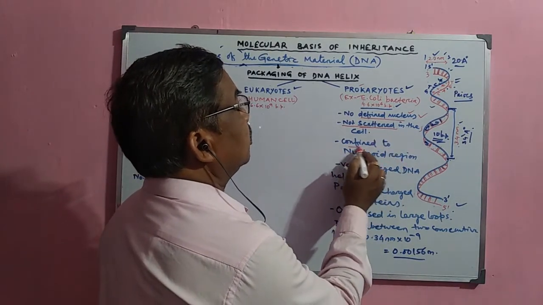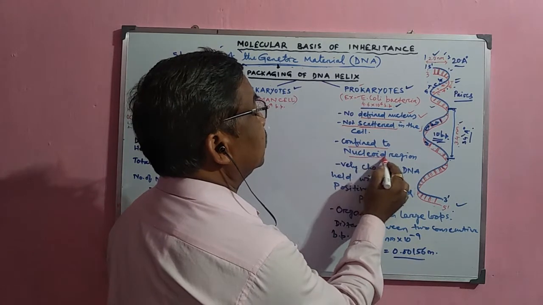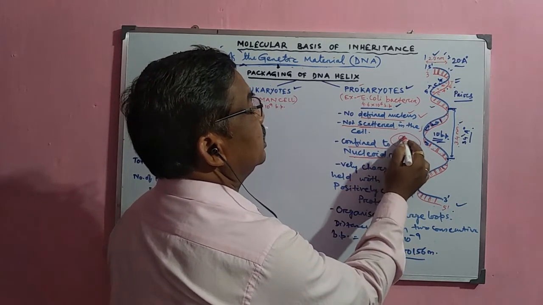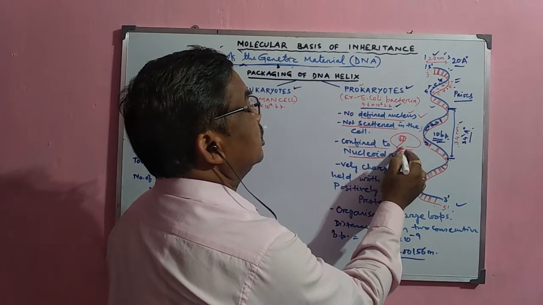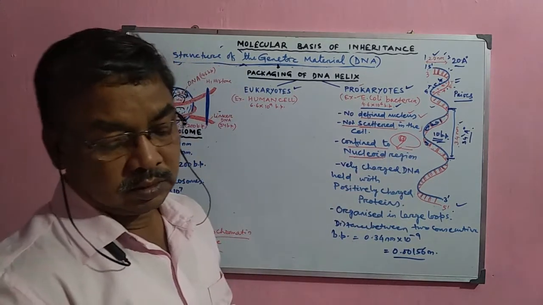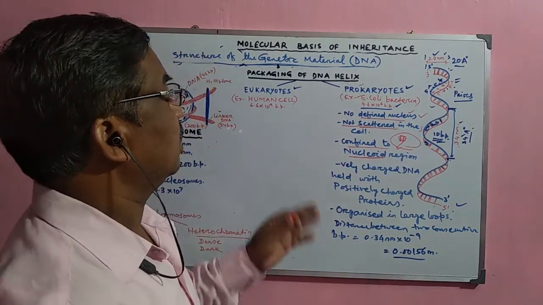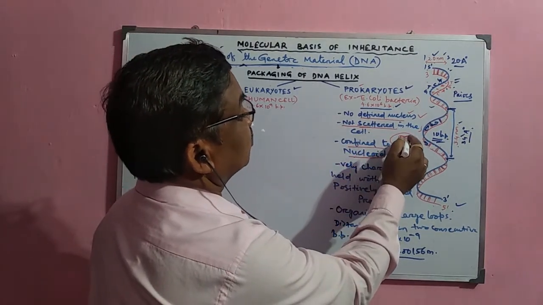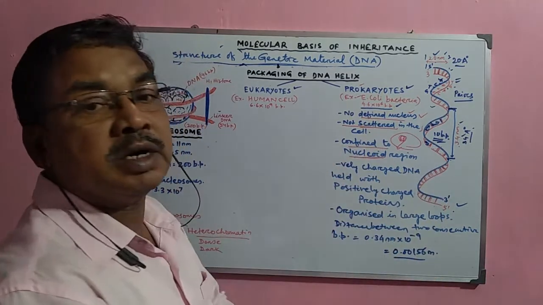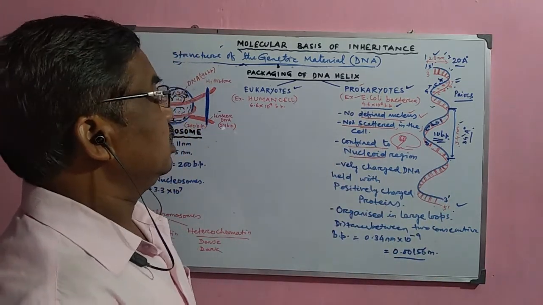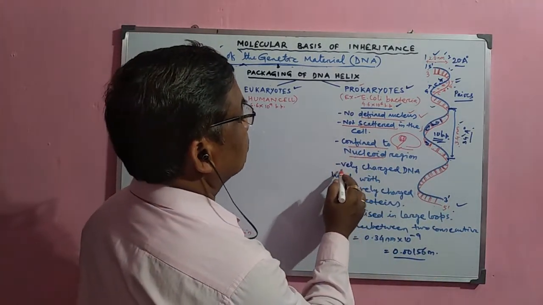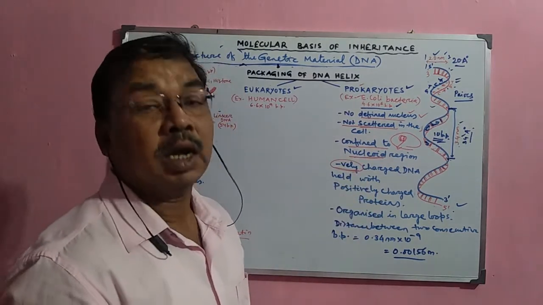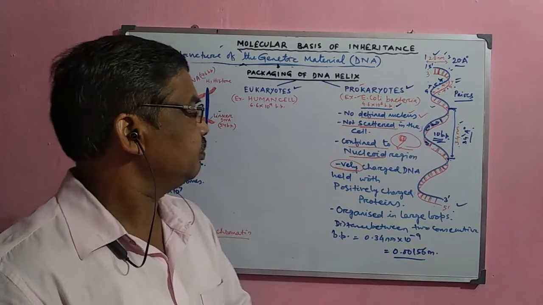They are normally confined to a specific nuclear region. Of course, inside the cell there is a specific nuclear region, and in this region they are present. Now, the question arises: how do they remain there without any well-defined nuclear membrane? The DNA molecules are negatively charged molecules.